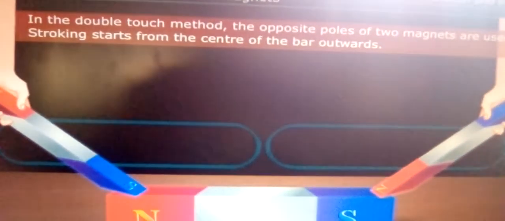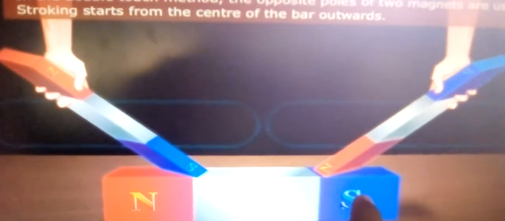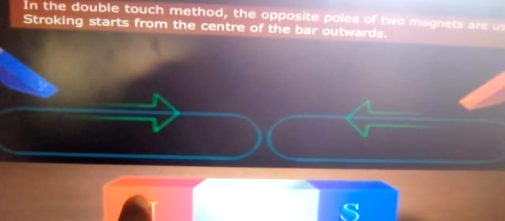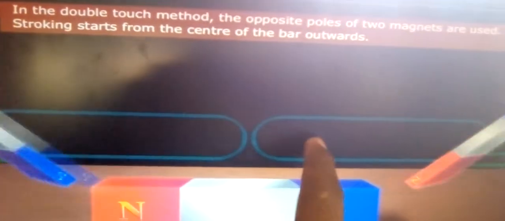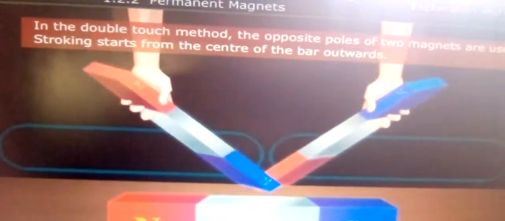Still, you find that this end here becomes south, and this end here becomes north, because I'm stroking using my south end here, and my north end there. This is called the double touch method.